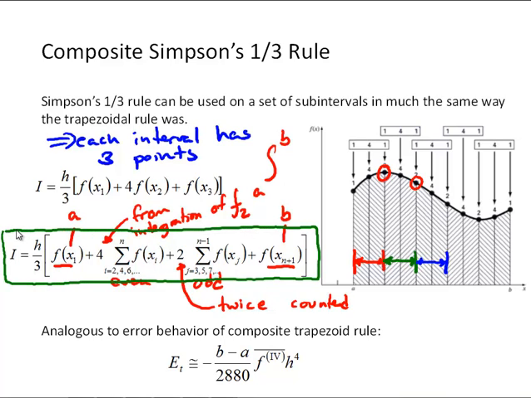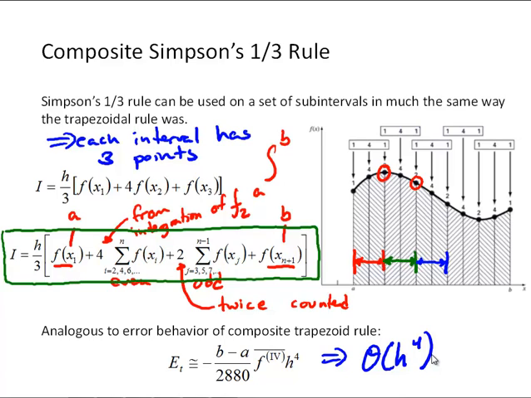And if we look at the error behavior, we can derive what happens with the composite behavior compared to the single application in the same way we did with the trapezoid rule. And we see that that error behavior is fourth order with respect to the interval spacing h.